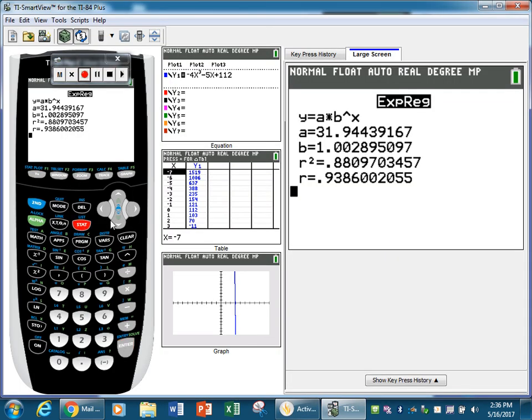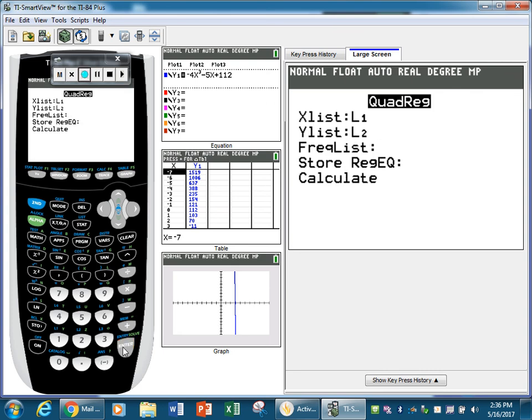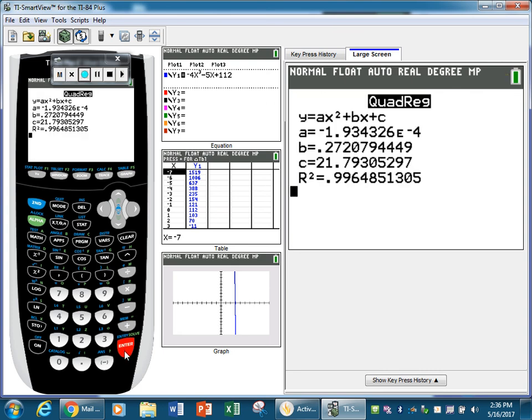So I'm going to do stat over 5, enter. Okay, and then I'm going to write these in, a, b, and c, and then r squared. Now, a few people always ask me about e to the negative 4. That just means we're moving our decimal point 4 places this way. So a, b, and c.